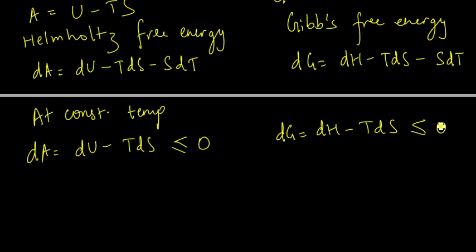So what it gives us is dA. Already we had one precondition over here, the volume was constant, and now the temperature is also constant. For such a process, dA should decrease, the free energy of the system should decrease.